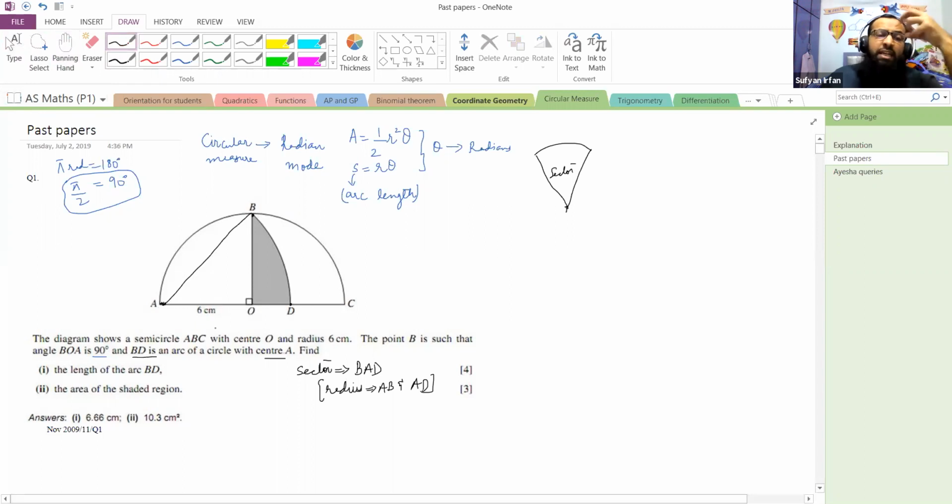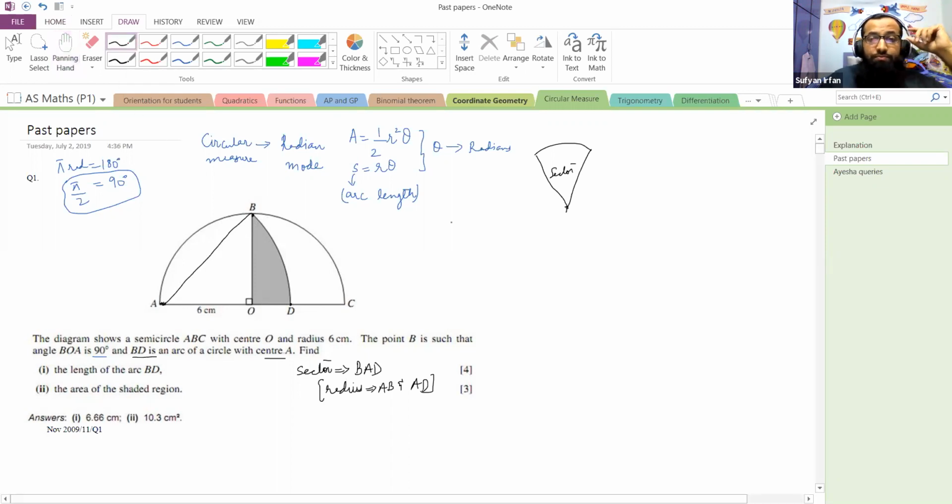Before reading the requirement of the question, one thing that is sure is that we will definitely need the radius of the sector. Although the radius of the semicircle is 6, the radius of the sector ABD is AB or AD. So if we have to find the radius, let's find AB. How can we find AB?